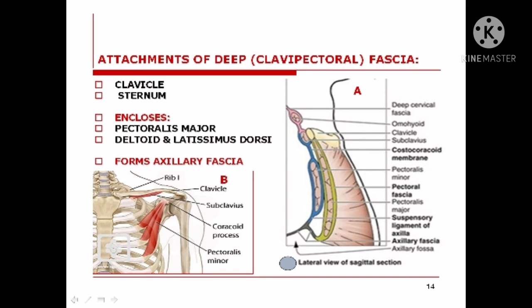Now the attachment of the deep fascia. It is attached to the clavicle and the sternum bone. It includes the pectoralis major muscle, the deltoid muscle, and the latissimus dorsi muscle. Latissimus dorsi is coming from the back on the lateral side and inserts upon the humerus bone.